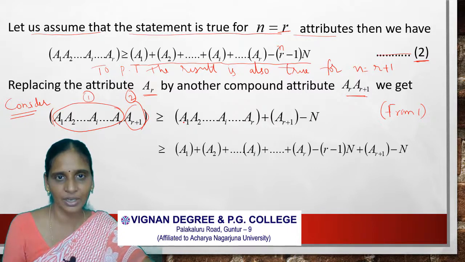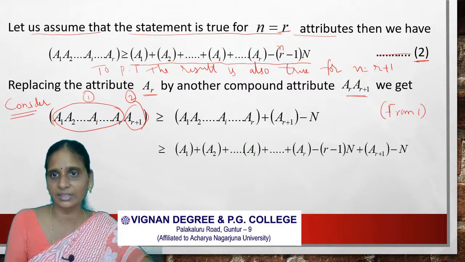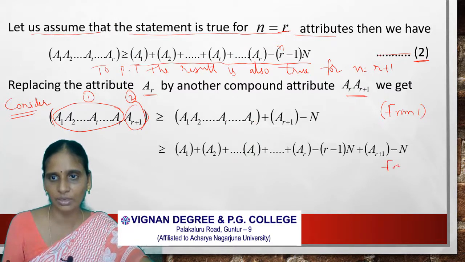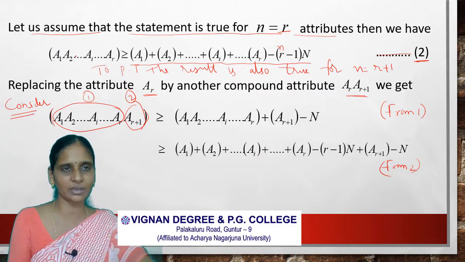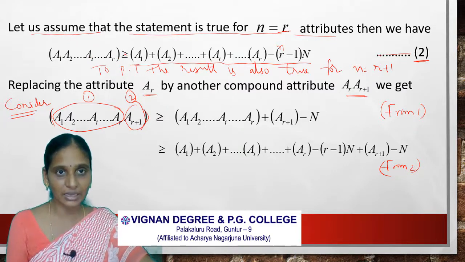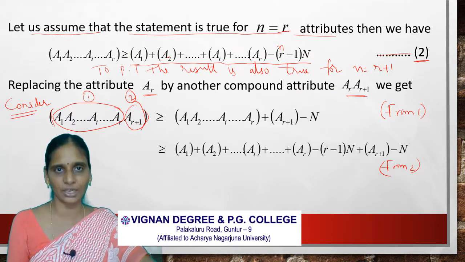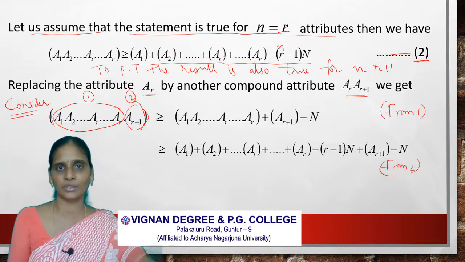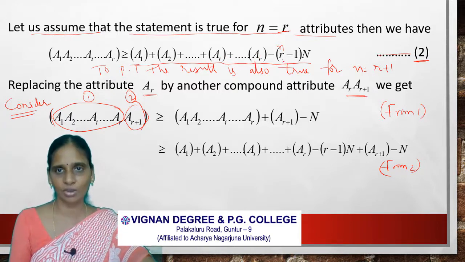And here frequency of a1, a2 and so on ai and so on ar can be written as in the second equation. So this expression, frequency of a1, a2 and so on ai and so on ar, is greater than or equal to frequency of a1 plus frequency of a2 plus and so on frequency of ai plus and so on frequency of ar minus (r minus 1) into n.